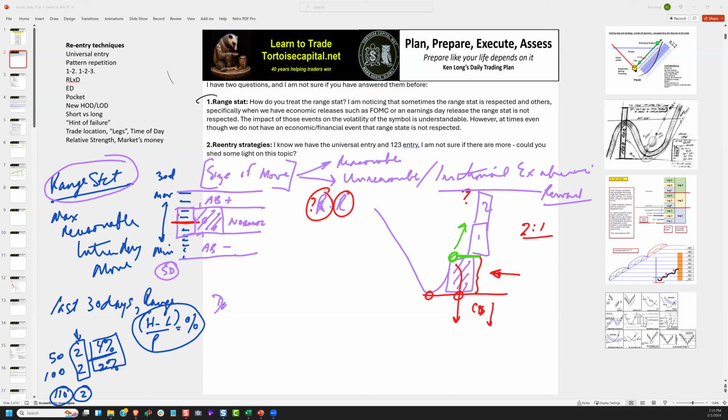In a larger sense, for day trading, I want to have some reasonable expectation. If that's my open, here was yesterday's close, and so this turns out to be the gap.